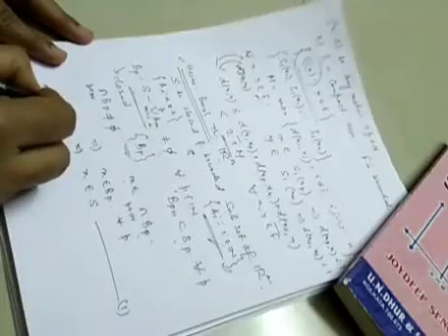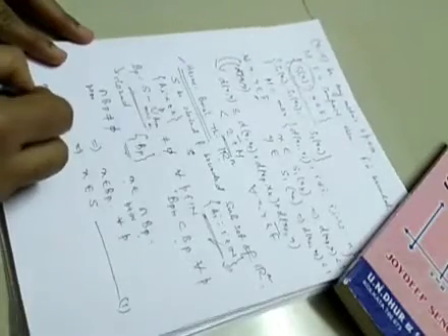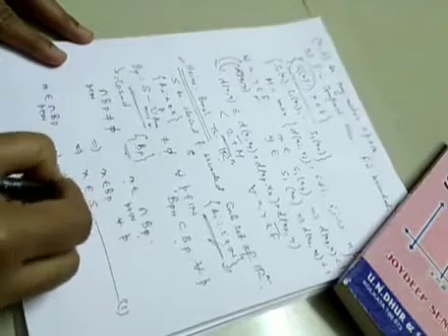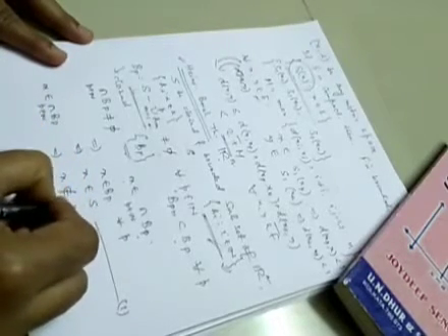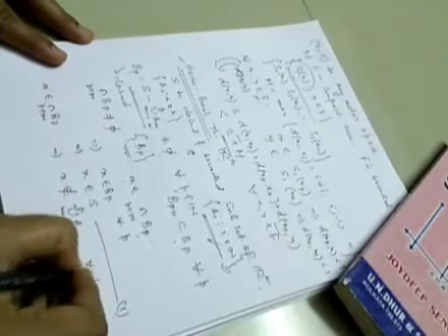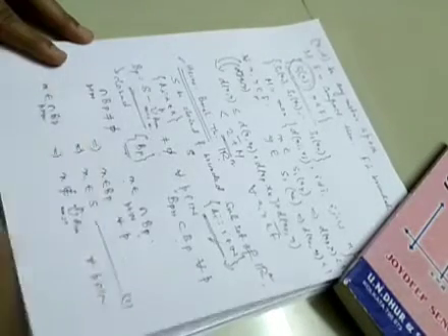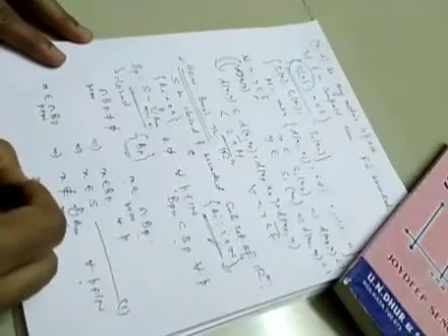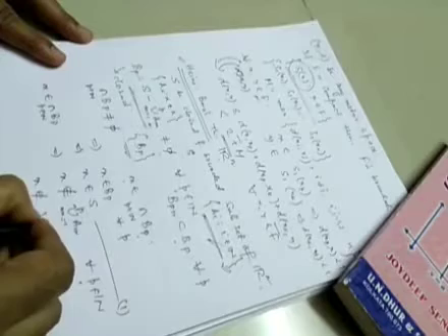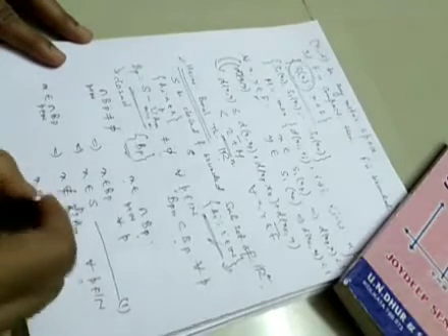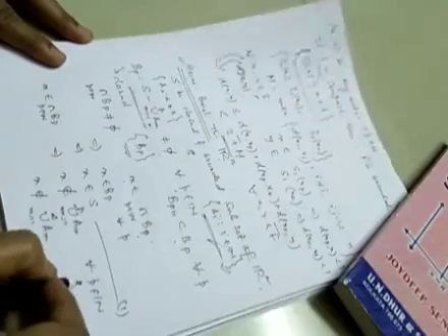Now again, x belongs to the intersection of B_p for all p belongs to N, that indicates x does not belong to the union m from 1 to p of A_m for all p belongs to N. So this is true for every natural number. That means x does not belong to the union of A_m where m from 1 to infinity, because this is true for every natural number.